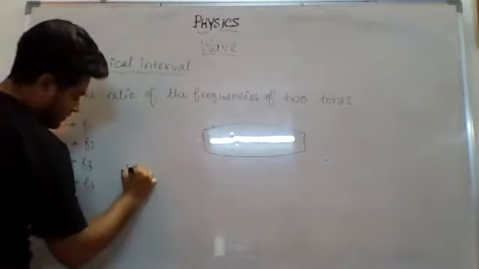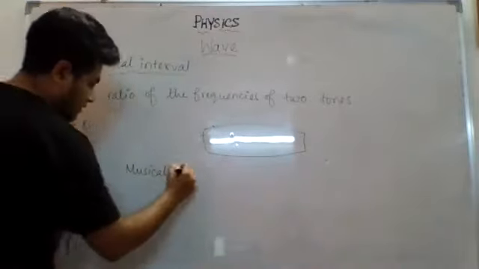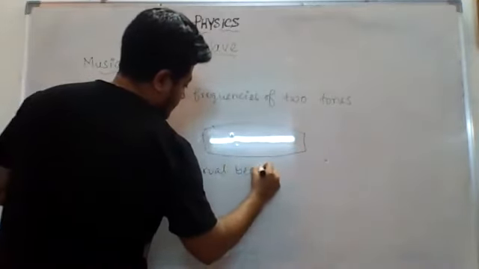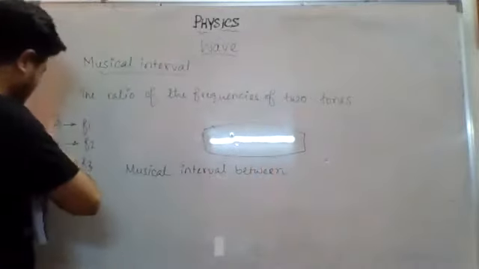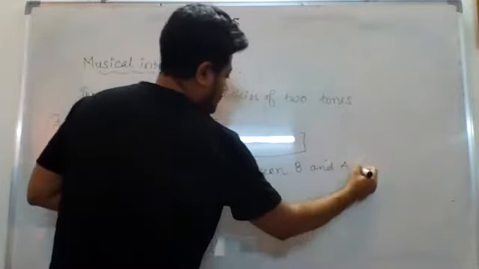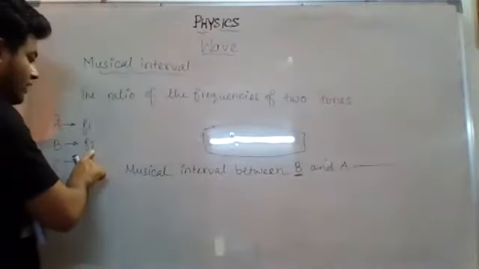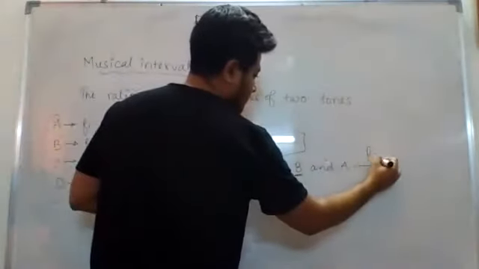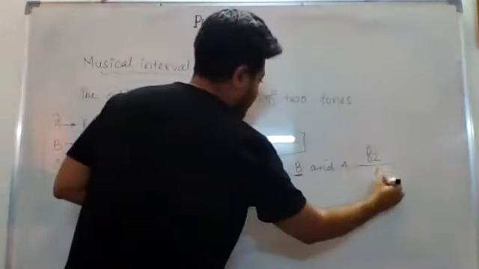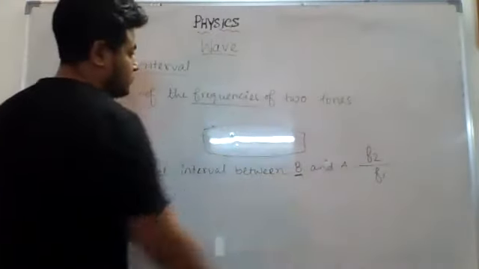Now if I tell you to find out the musical interval for A and B. Musical interval between B and A is equal to, what is the frequency of B? F2, right? So F2 divided by the frequency of A, that is F1. So F2 by F1, the ratio, right? We already said that it is the ratio of the frequencies of the two tones.